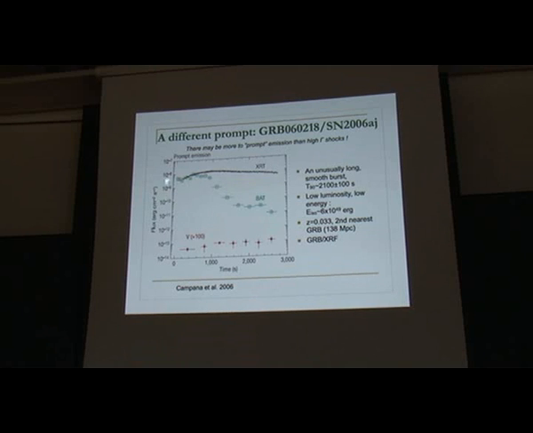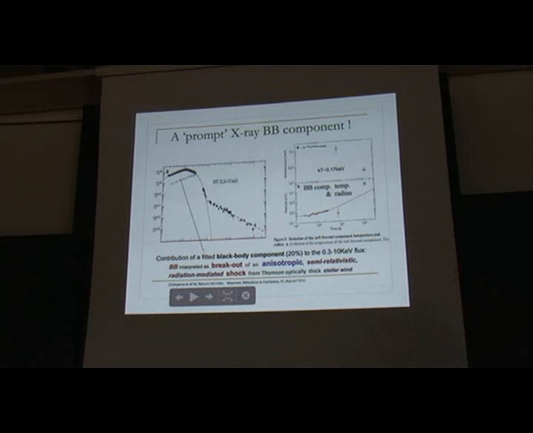Because when you look at the X-ray component, the gamma ray component and the ultraviolet optical, what you find is that there is a non-thermal X-ray component, and this looks like the typical Swift X-ray light curve, except that the X-rays here are mostly non-thermal, but there's a thermal blackbody component which grows in time and becomes dominant at about 10 to the 3 seconds. And here is the equivalent blackbody radius evolving in time and a typical blackbody temperature evolving in time.